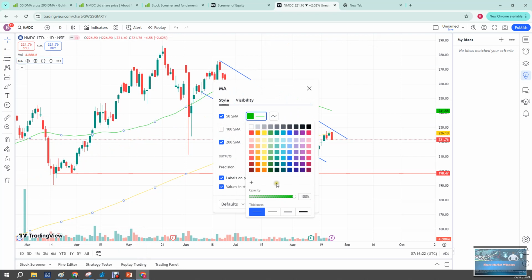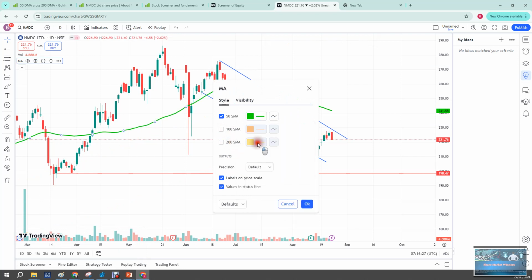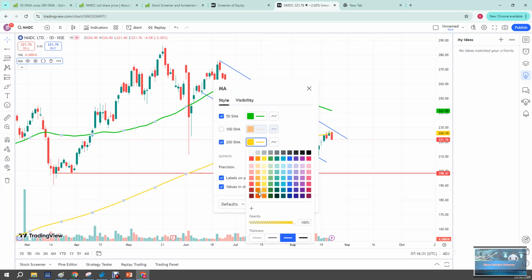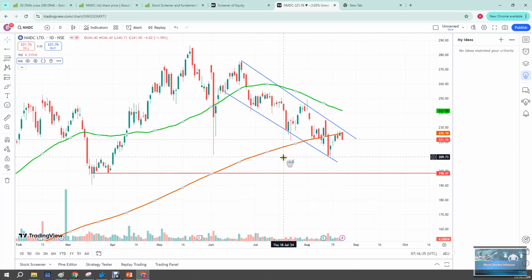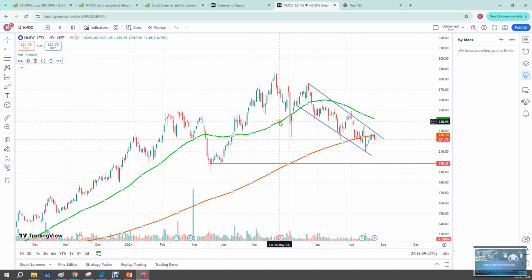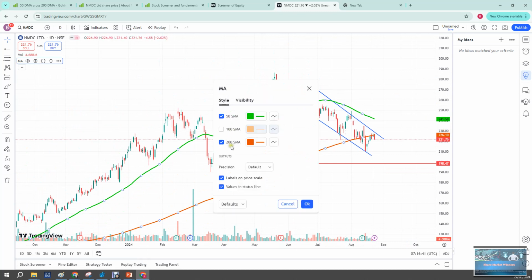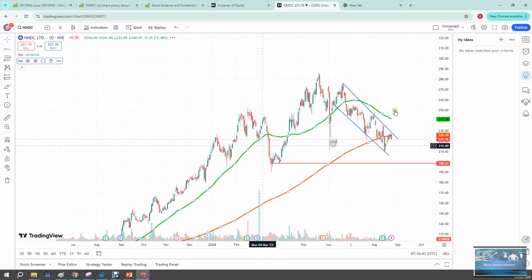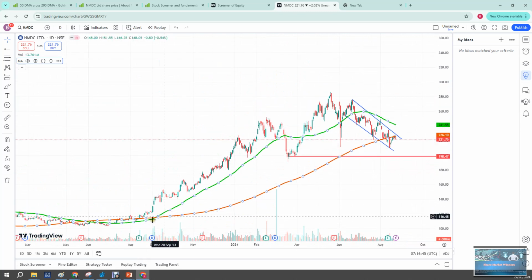Hope you are able to see the screen visibly. This is the 50, and this is the 200.